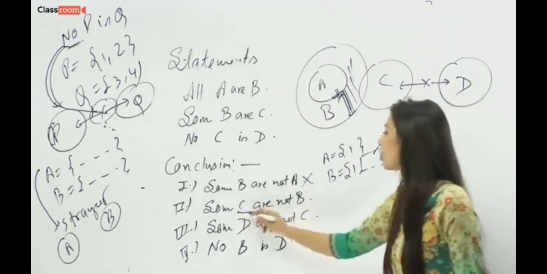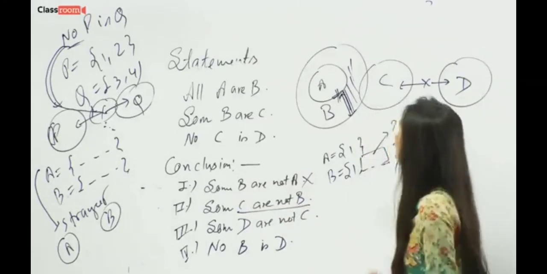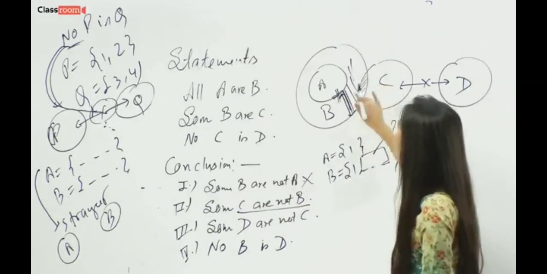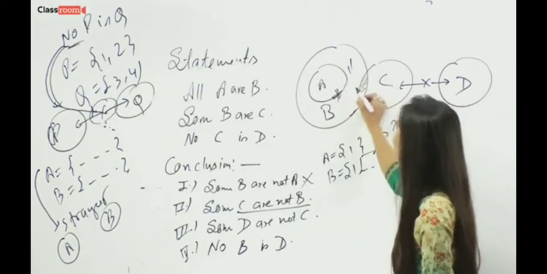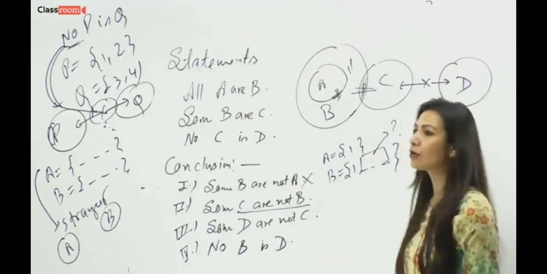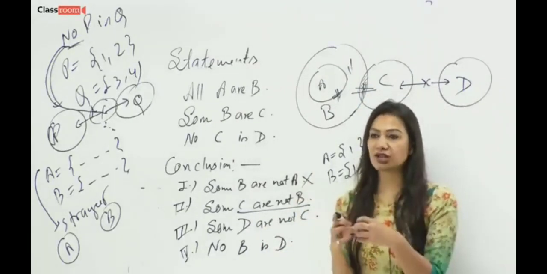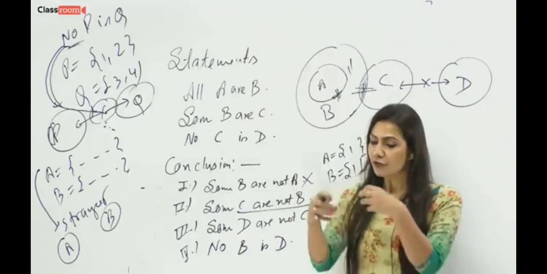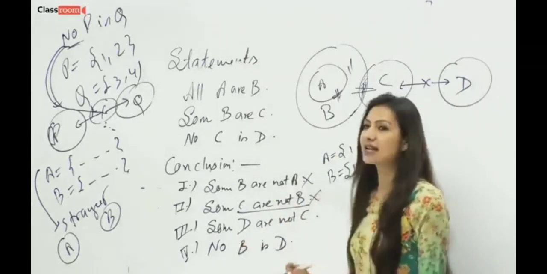Let's talk about this one. Some C are not B. First of all, I will check out what I am having in between C and B. I noticed in between C and B, we have given positive information only. Can you notice this thing, that in between C and B, you are having positive information. So because of the first rule I told to you, if positive information is given for any two particular circle, for those two circles, at least negative will be a doubtful situation, because of which you can directly cancel it out.